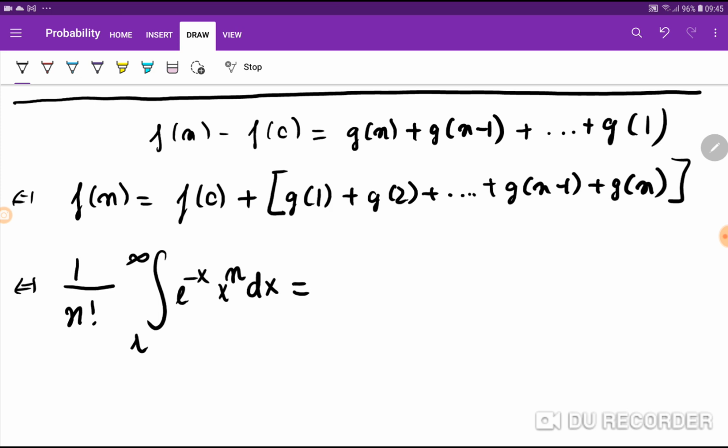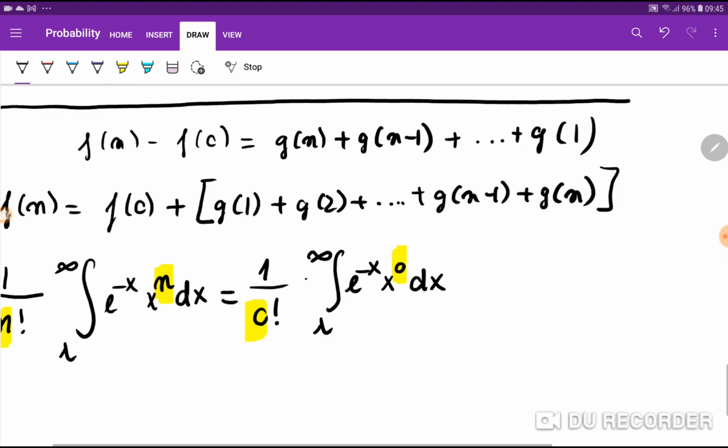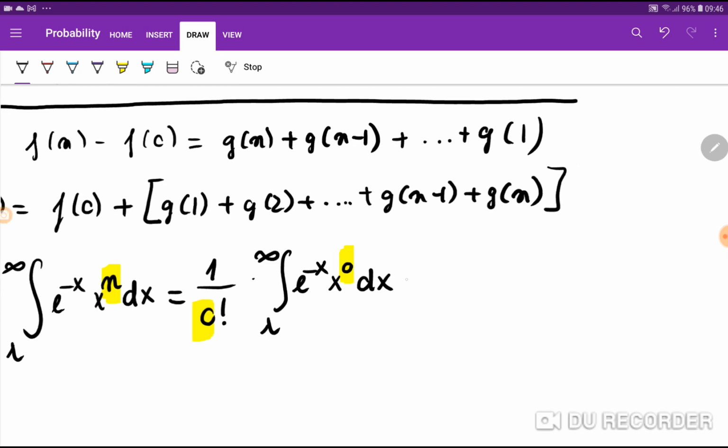Equal, okay, what's f_0, guys? f_0 is this one, the integral from lambda to infinity of e to the power negative x dx. You remember this f_0, this f_n. And then what is g_1, g_2, and so on?